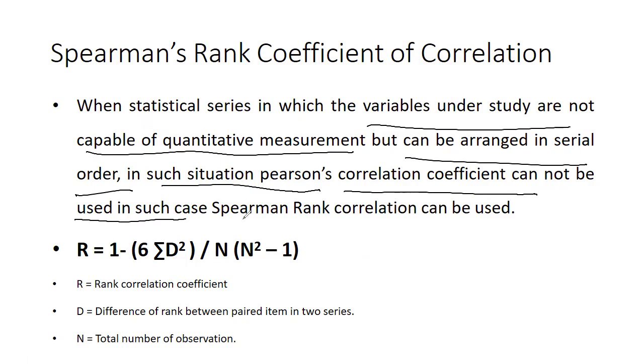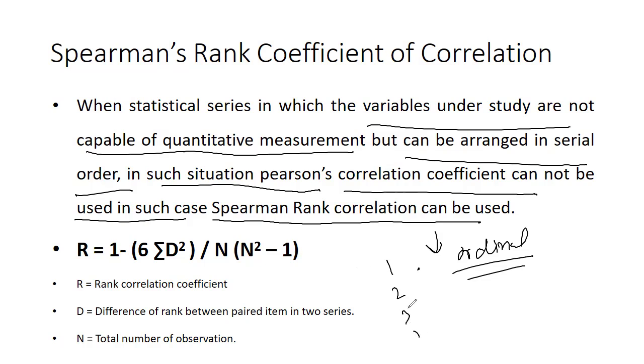In such a case we use Spearman rank correlation, because here data is ordinal, not interval or ratio scale. For Spearman rank correlation coefficient, we use ordinal data, because we give rank to the respondents or participants, like in a beauty contest or in an interview. So the interviewer basically gives the first rank, second rank, third rank, and so on.